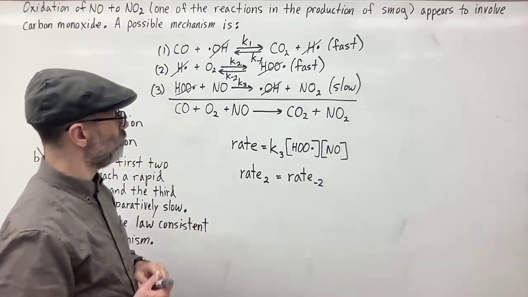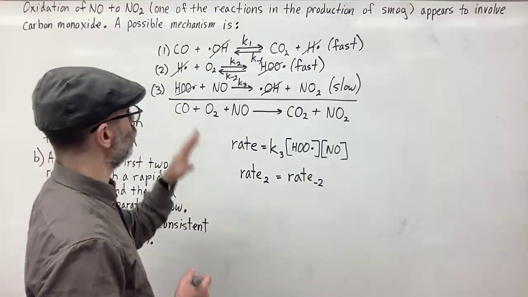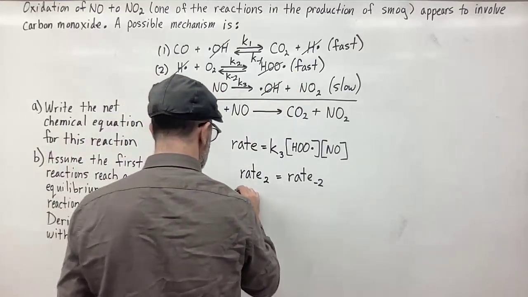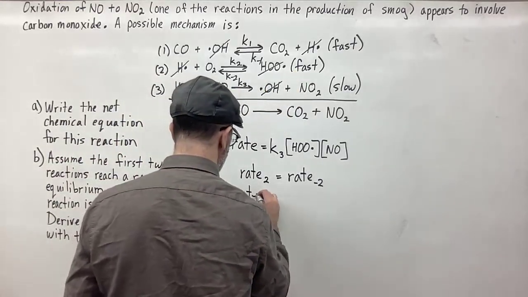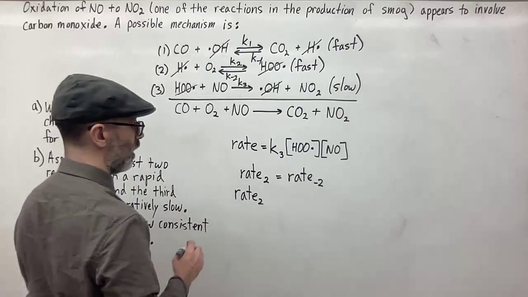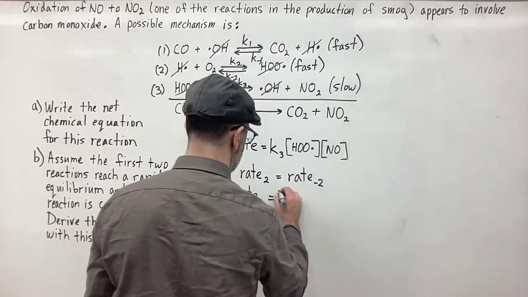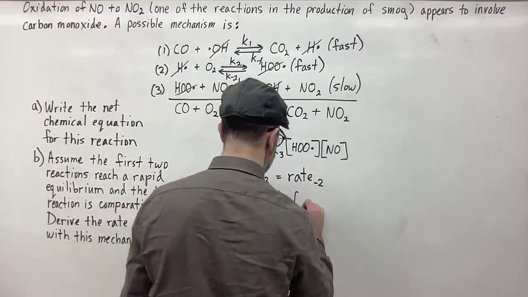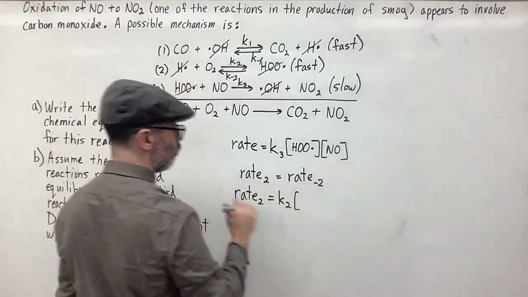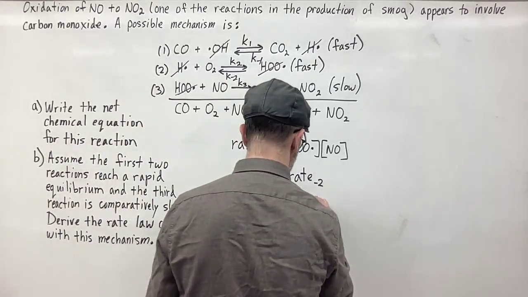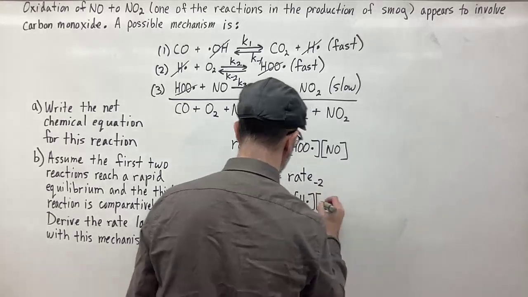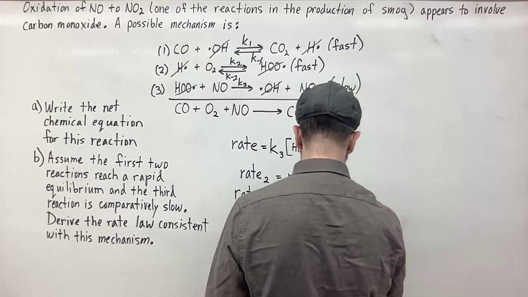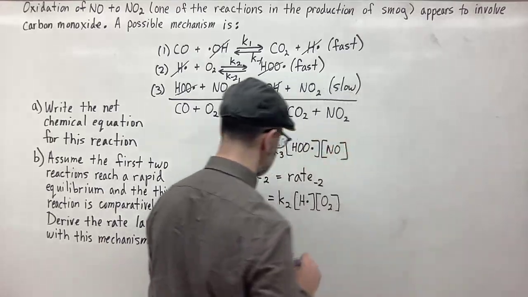So now we can write out the rate law for the forward and reverse reaction. So the rate of the forward reaction of the second step is equal to K2 times the concentration of H radical, so H dot, times the concentration of the other reactant, O2. So we'll put that in there.